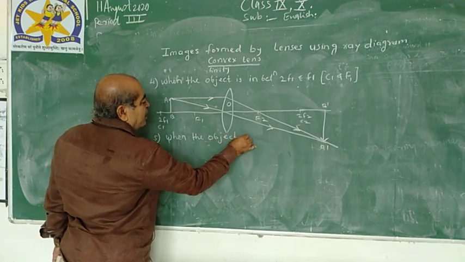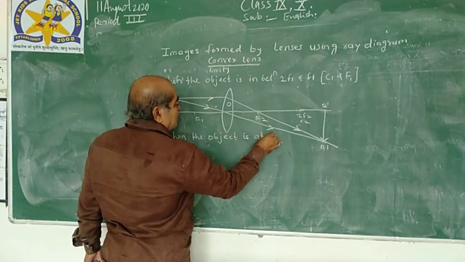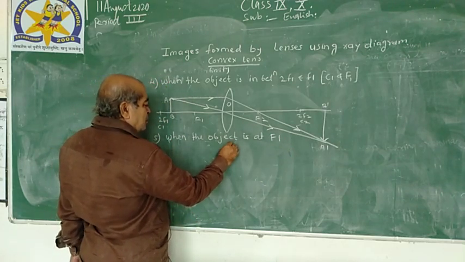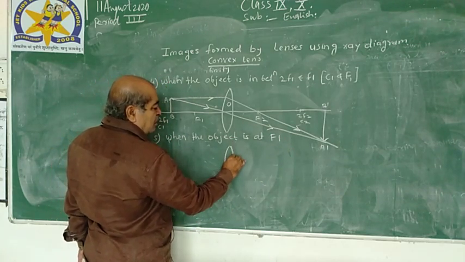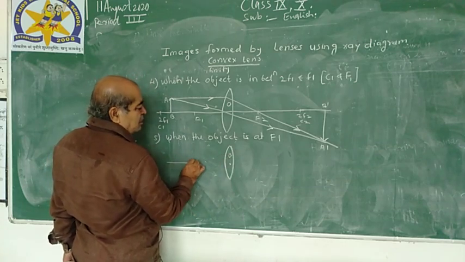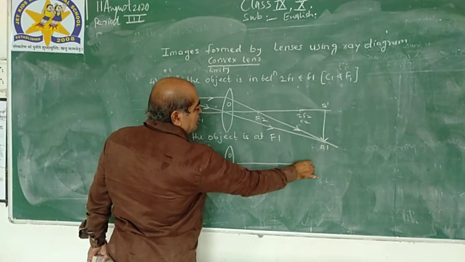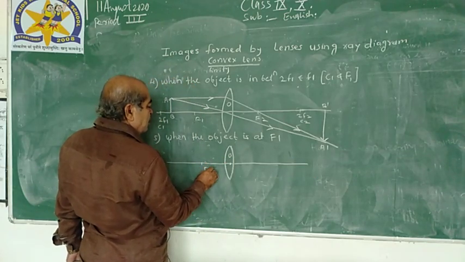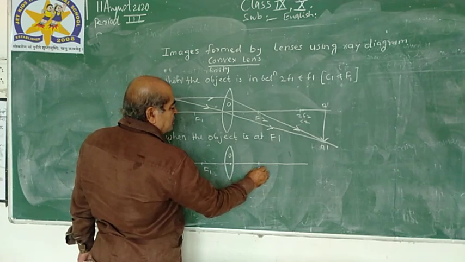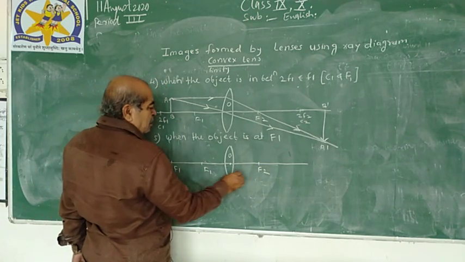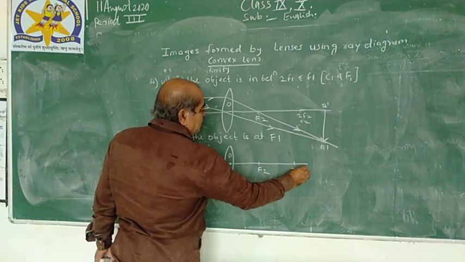So this is the fourth position of the object, and the fifth position of the object is when the object is at F1, meaning the principal focus F1. So this is again the convex lens. O is the optic center. This is the principal axis, and F1 and F2 are the principal focus. This is twice F1 and this is twice F2.